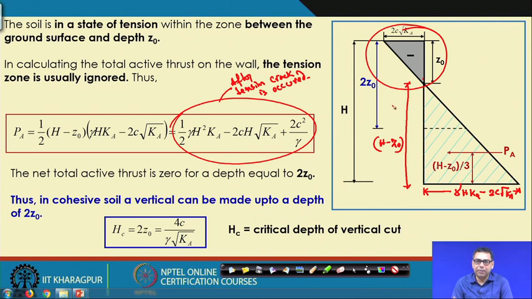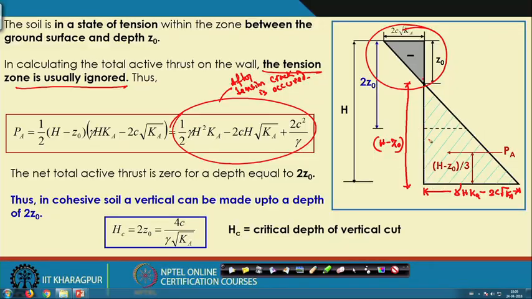Otherwise, if nothing is mentioned, then we generally do not consider this negative part. We consider only the positive part during the calculation of the earth pressure. Remember that. That is why this tension zone is usually ignored. But if it is specifically mentioned that you calculate the earth pressure before the tension crack is developed, then only you have to consider it, otherwise do not. Generally it is ignored, and we consider only the positive one.